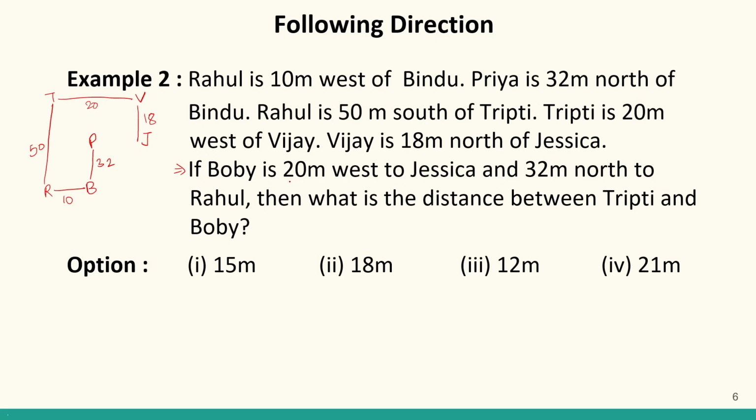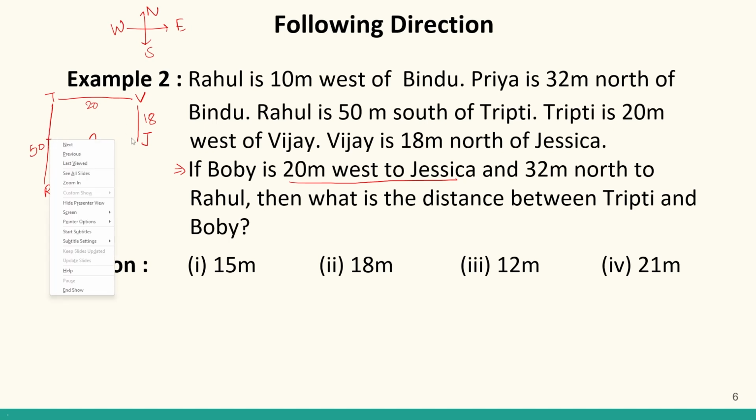If Bobby is 20 meters west of Jessica, if you remember this diagram, 20 meters west of Jessica will be over here, right? So from here, we are going towards this direction, and at this point we have Bobby, right?